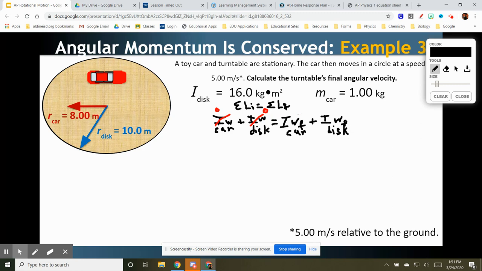Okay, now I'm going to derive what Gabriel said already, that we need to find the moment of inertia of the car.